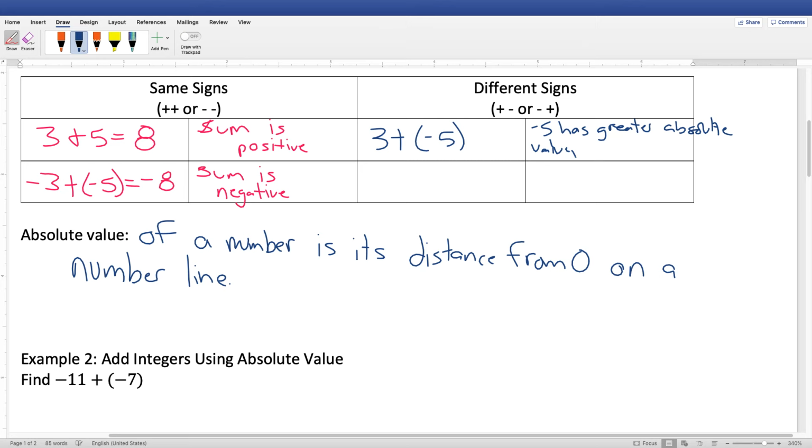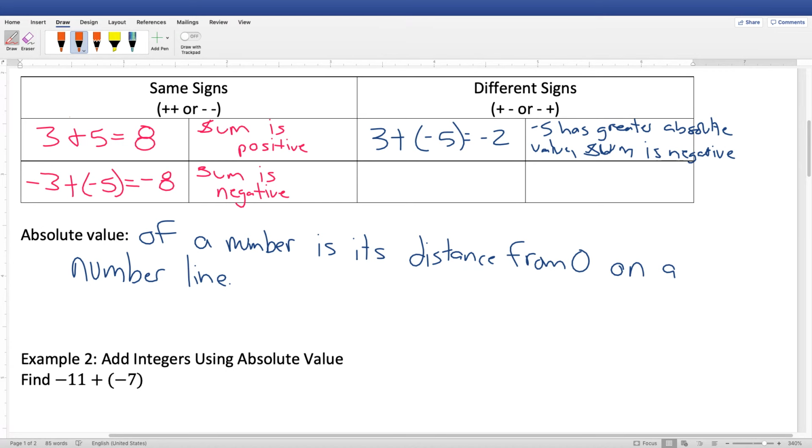So because negative 5 has a greater absolute value, the sum is negative. So 3 plus a negative 5 is negative 2.